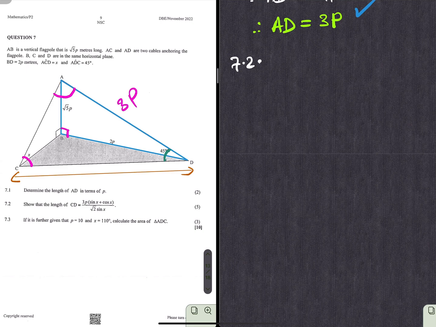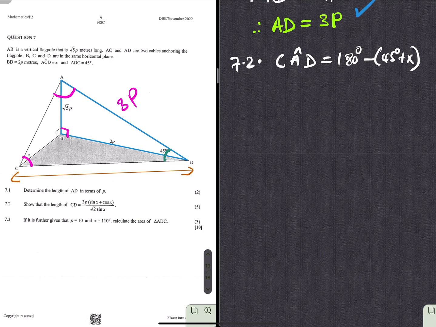So let's find angle A because it's something we are short of right now. So angle CAD will be 180 degrees minus 45 degrees plus X. And I must give a reason for that.